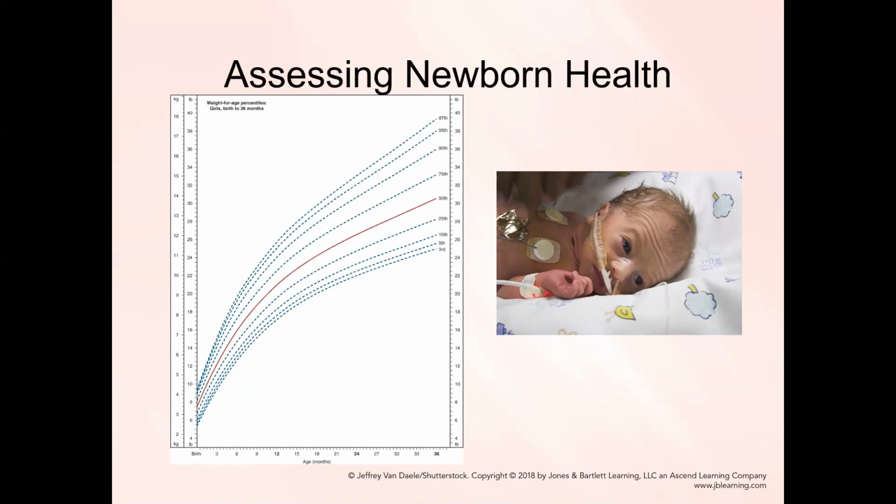Now, there are other things we can look at, like head circumference for age, which same thought process, length for age, same thought process again, but another one that we actually look at is weight for length. So thinking about how a baby is maybe built, if you want to think about it that way, like how tall they are in comparison with their weight.